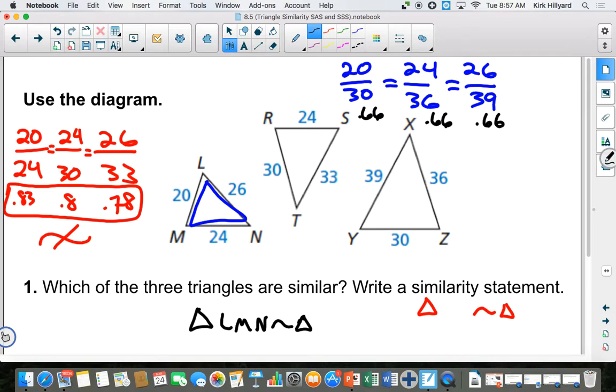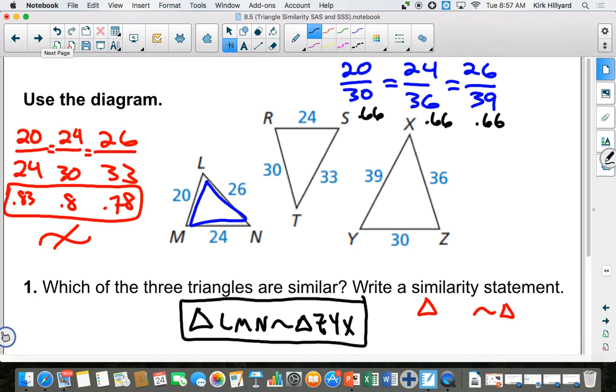So it's going to be Z, Z, Y, X. Sorry about that. So that's your similarity statement for these two triangles, this triangle here and this triangle here being similar.